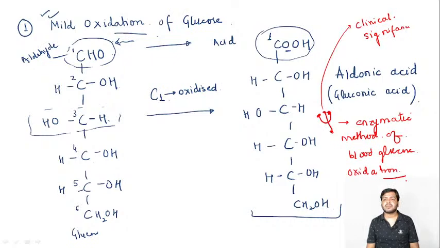How much glucose is in the blood, how it is oxidizing. That's the enzymatic method to know the content, if we just know the content of the aldonic acid in the blood.